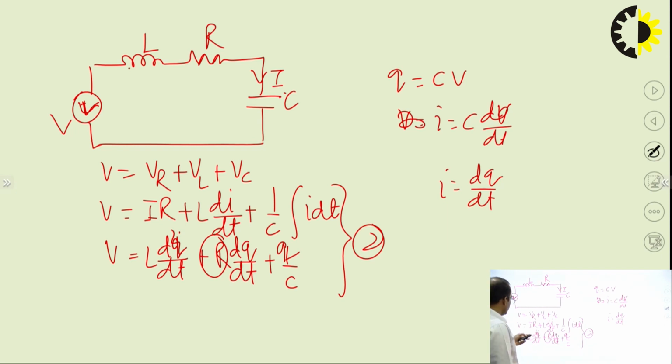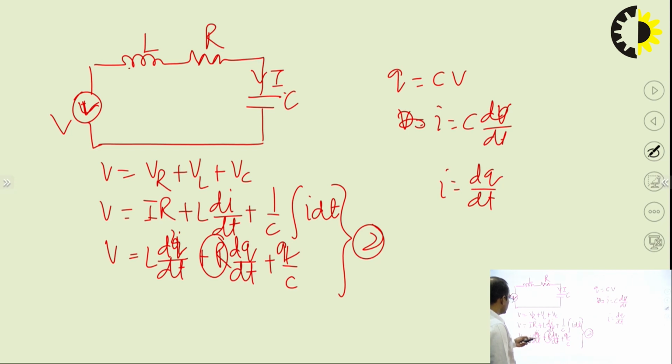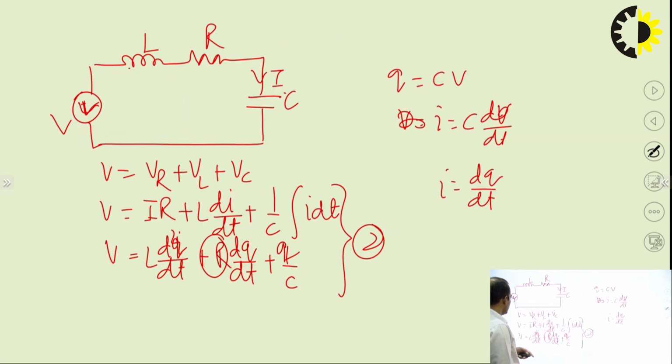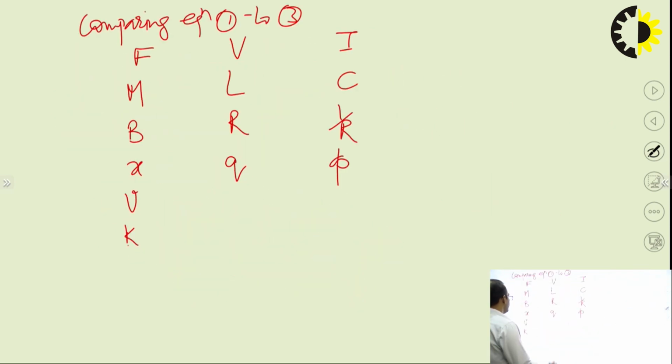You can see here dV by dt, so this will give d square x by dt square. V is nothing but I in case of current, and V is nothing but voltage in case of voltage.